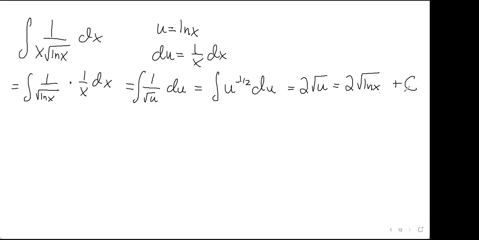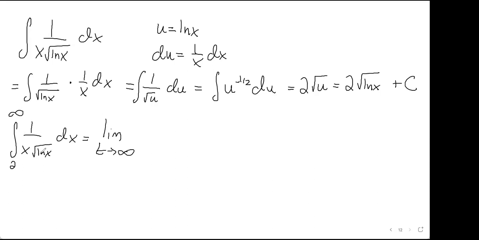plus c, which if you don't write it, it doesn't matter because we're going to immediately jump into an improper integral. So from 2 to infinity, we integrate this. Putting a bunch of steps together, we're taking a limit as t goes to infinity.